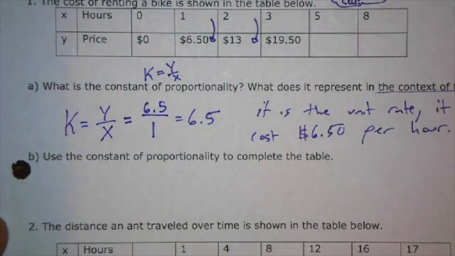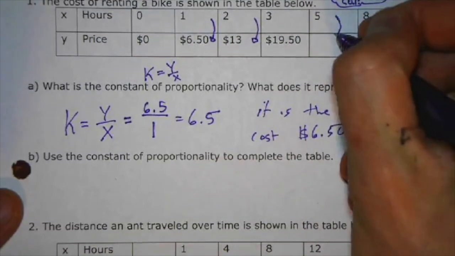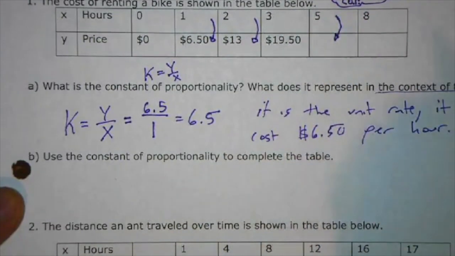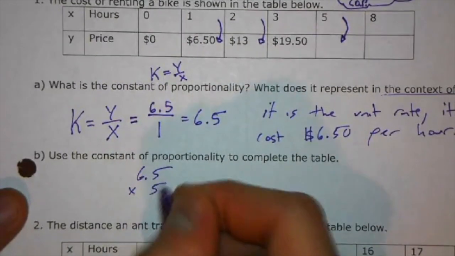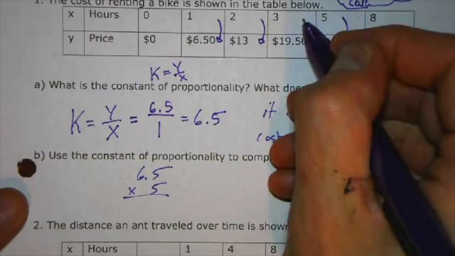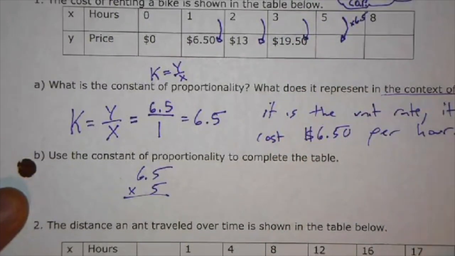Now let's use the constant of proportionality to complete this table. So to get from 5 to this y value, I'm going to have to do some multiplication. 6.5 times 5. Every single value in this table to get from x to y, I multiply by 6.5.